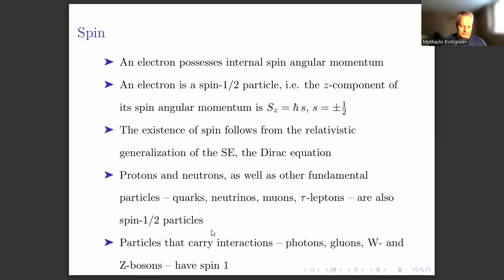But we will not do that. We will just keep in mind that electrons have spin.